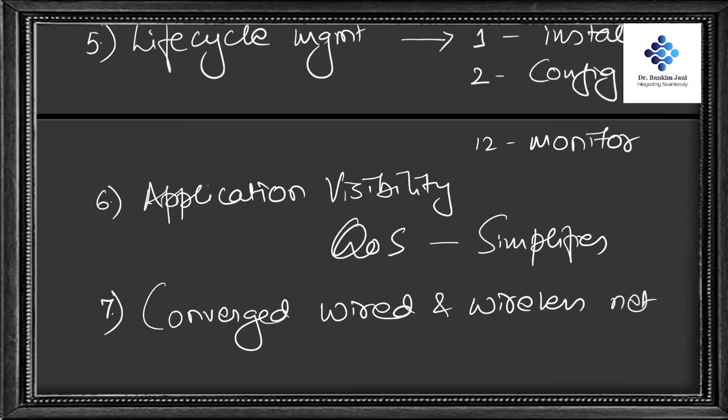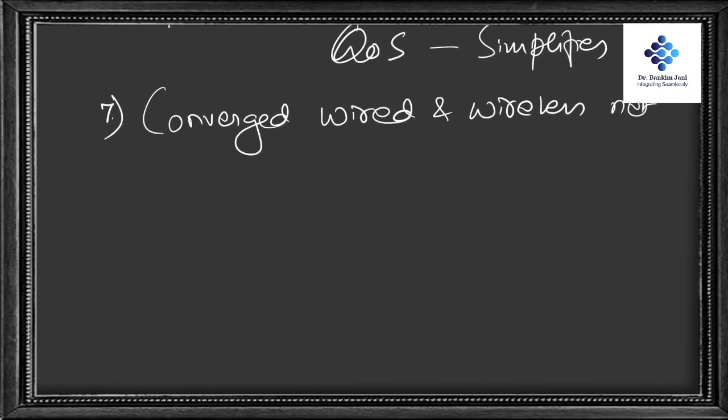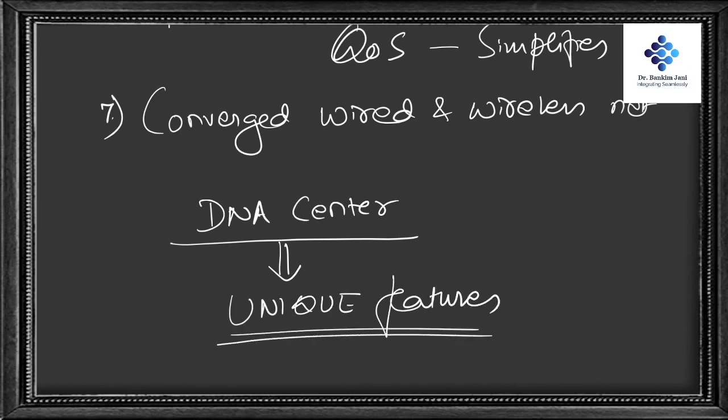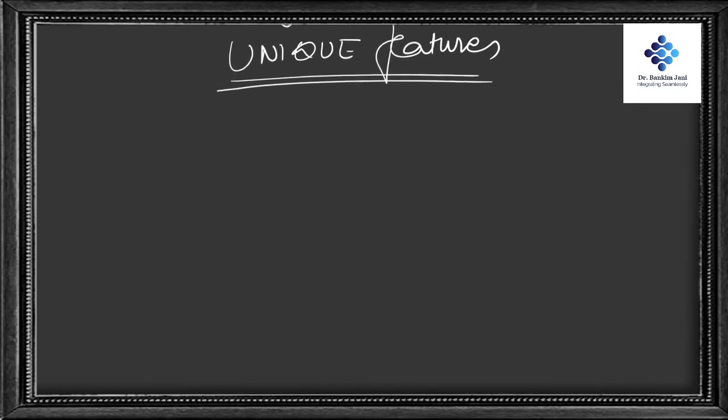Now these are the things which were already present in the DNA Prime Infrastructure, right? But DNA Center, when we say that it is the future, there has to be some unique feature, something so appealing that we should be tempted to go for DNA Center, and there are.